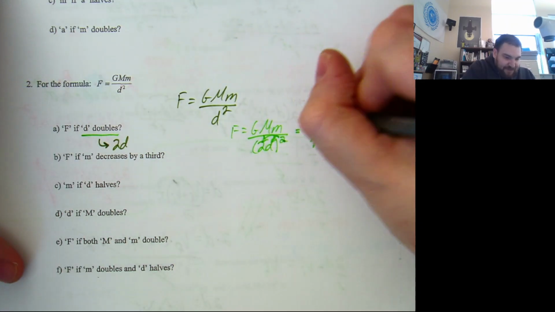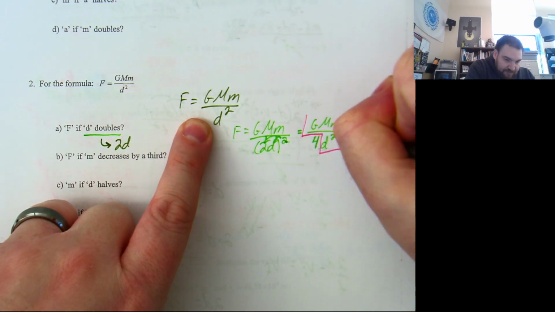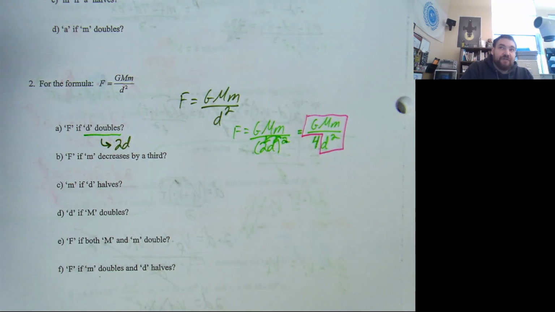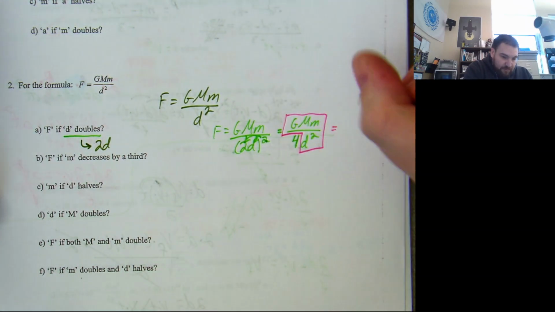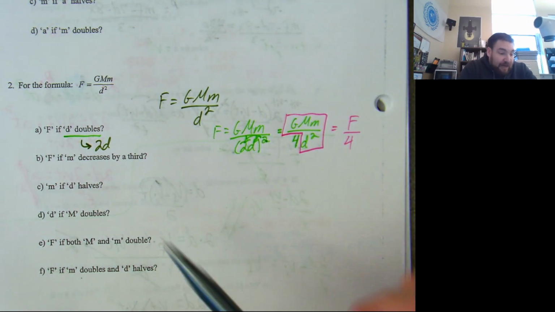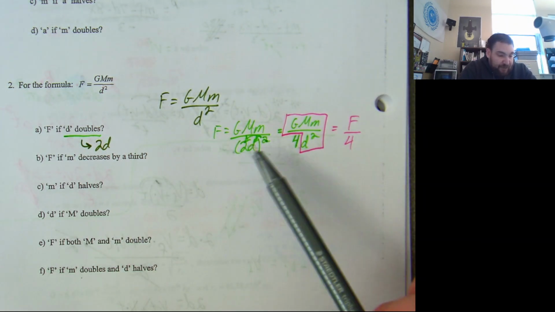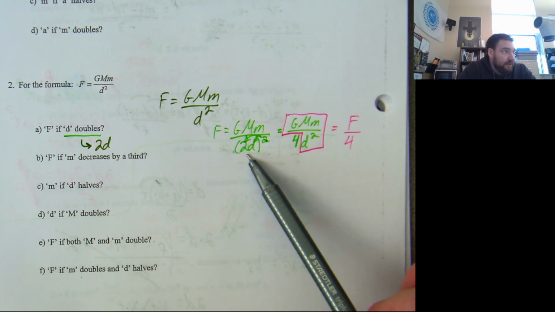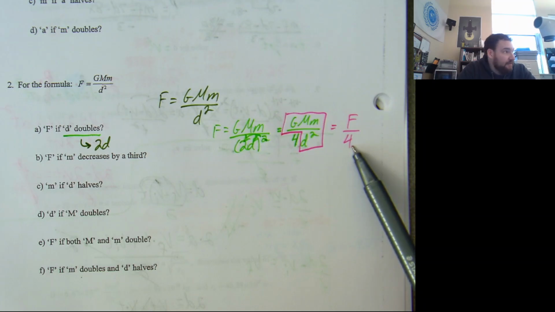But then, if you take a look at this formula and this formula, this piece is just the original value for F. So what happens to F if you double the value you plugged in for d? After all the algebra is done, what's the effect?